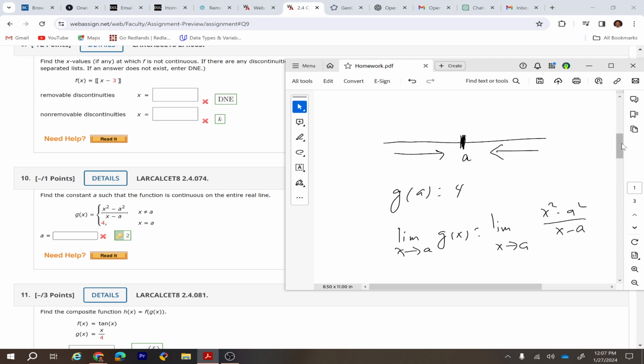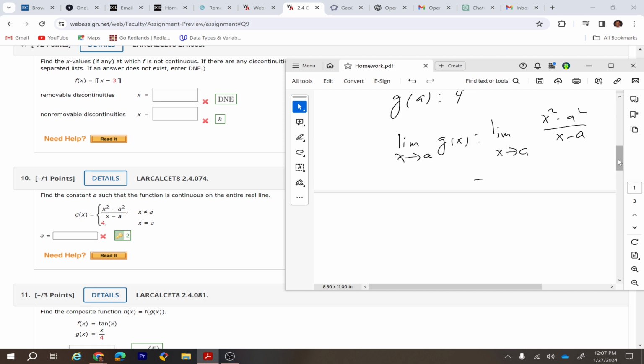If you simplify this expression, this is x minus a times x plus a, and there is x minus a in the denominator already. Since x is not equal to a in this expression, you can cancel those, and when x approaches a, this value becomes a plus a, because you replace x by a.